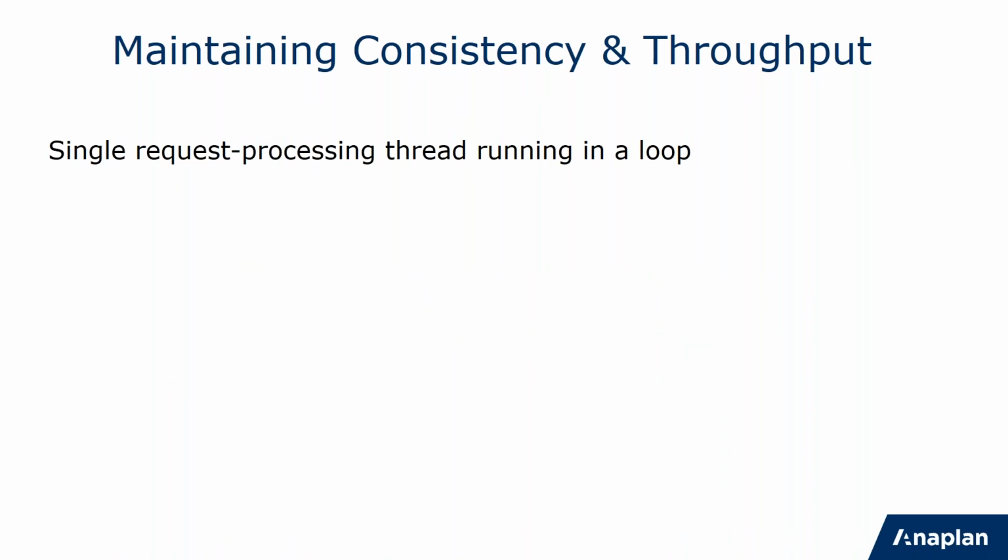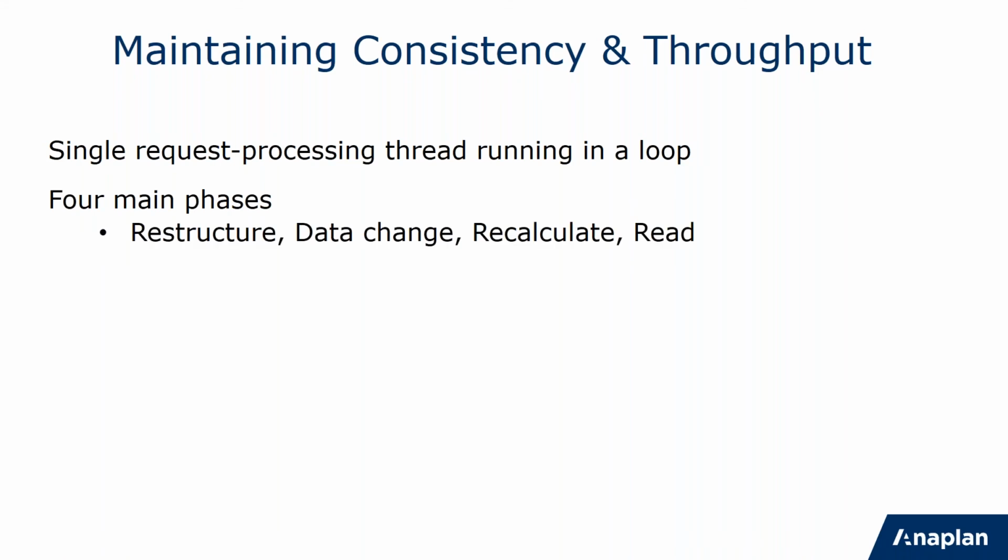They put those requests on a queue, and we have a single request processing thread that runs in a loop, taking stuff off the queue and processing it. It uses all the multi-threading capability that I was talking about earlier to process it as quickly as possible. So there are 4 main phases to each of those loops.